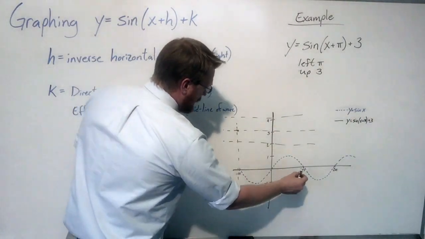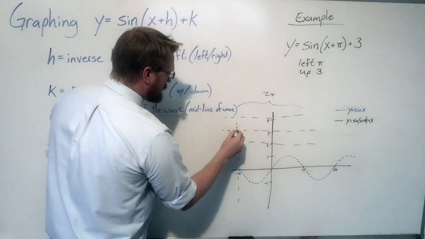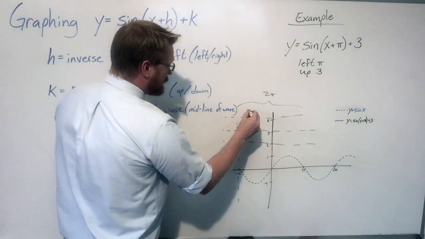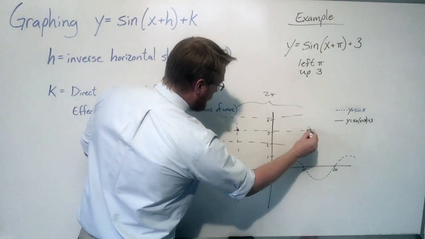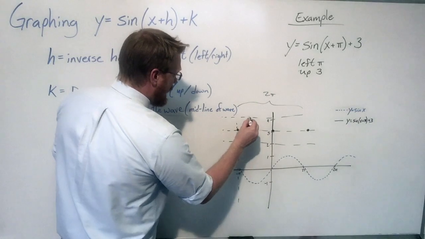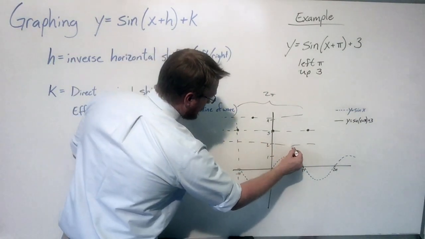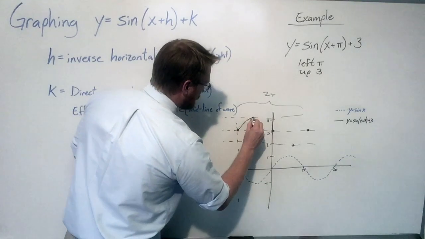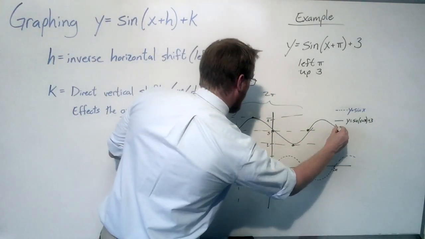So negative pi up to positive pi is going to be a 2 pi window in which I have to go from the middle of the wave to the crest, to the trough, and back to the middle of the wave. So that is going to cross again halfway between those two, and my first crest is going to be between those, and my first trough is there, giving myself lots of points of reference, and then that pattern is going to continue on and on and on.